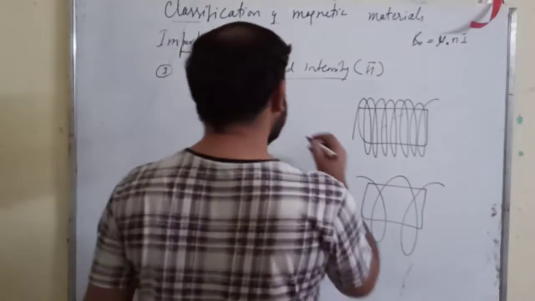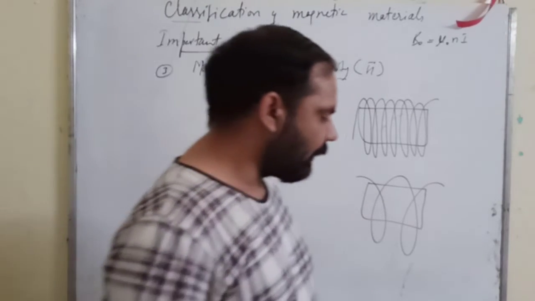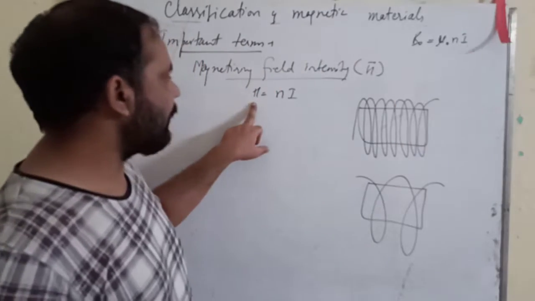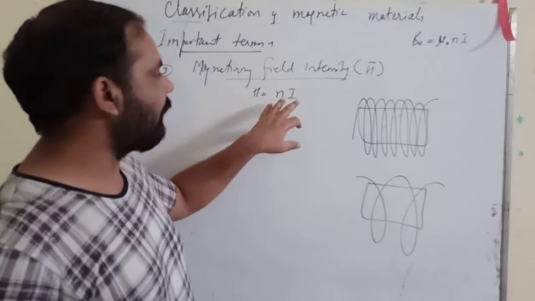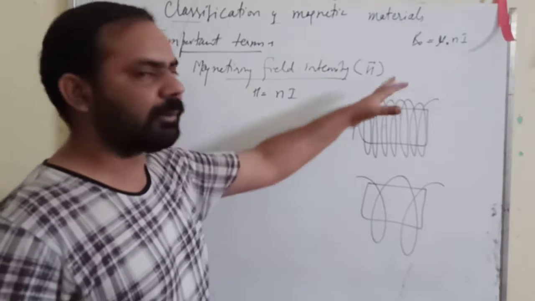So what is H? H is nothing but N into I. Right? So H is the magnetizing field intensity, the number of times that current is threading through that region.